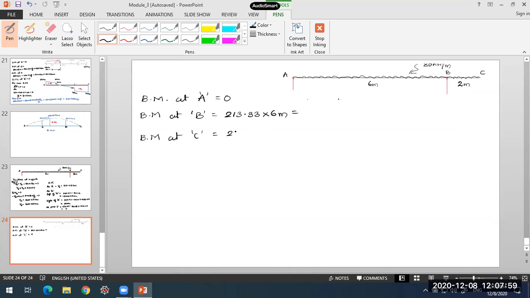So here it will be 213.33. Sorry, one more thing I missed here, UDL. So this is minus 80 into 6 into 6 by 2. Okay, minus 80 into 8 into 8 by 2.